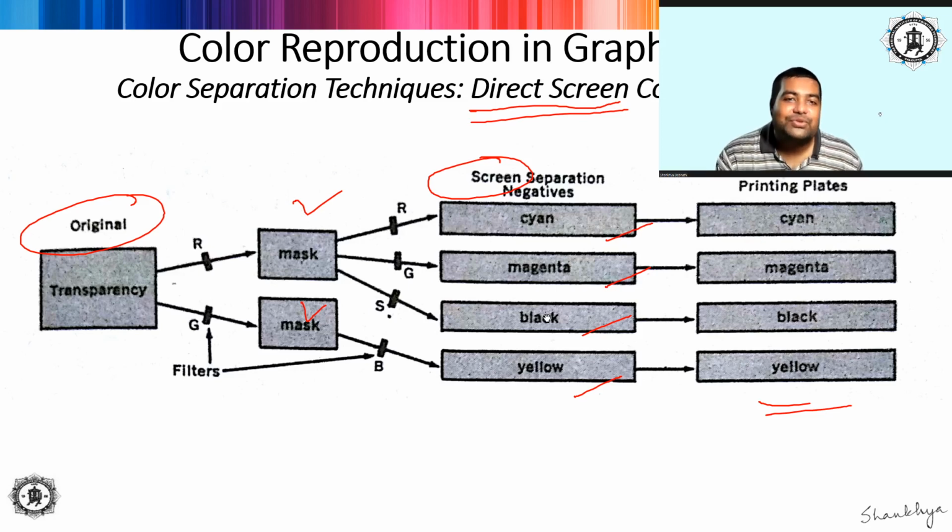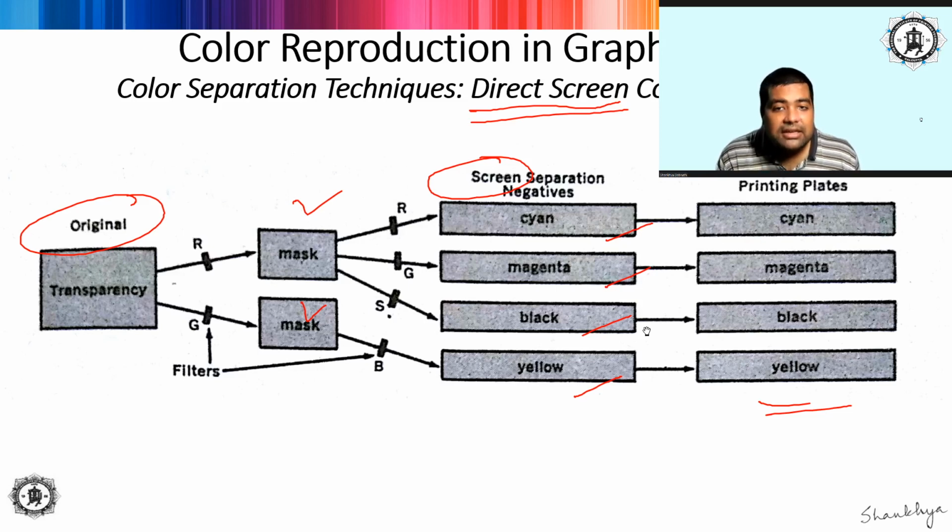On the other hand, if these variations in the separation negatives are not accepted, remakes are required to produce an acceptable set of negatives. Then the economic advantage of the direct screen method, which includes that a limited number of separations are required for ultimately making the image carrier, gets adversely affected.